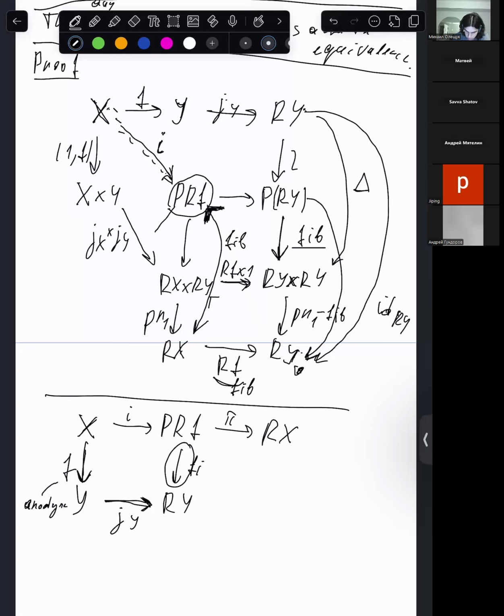So this is a fibration, and we get a lift. Now we want to prove that I is a weak equivalence.